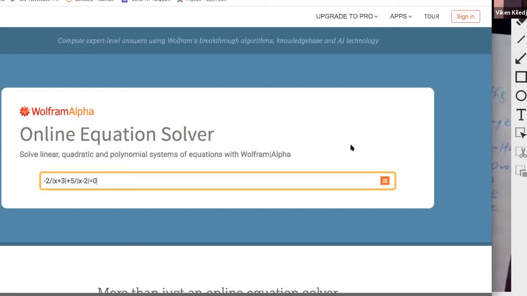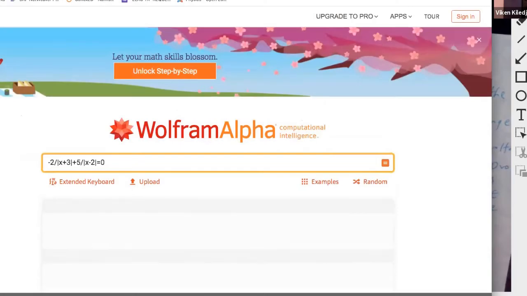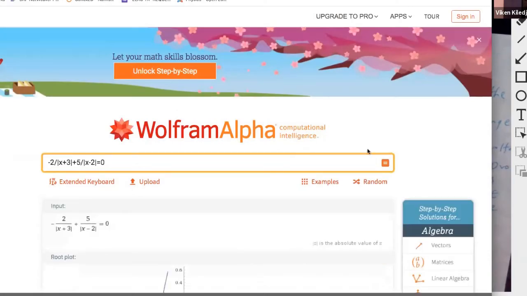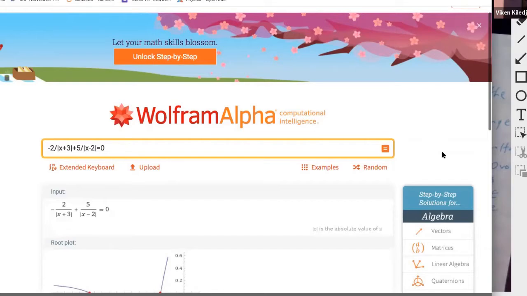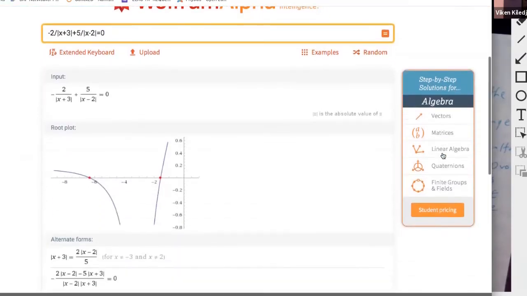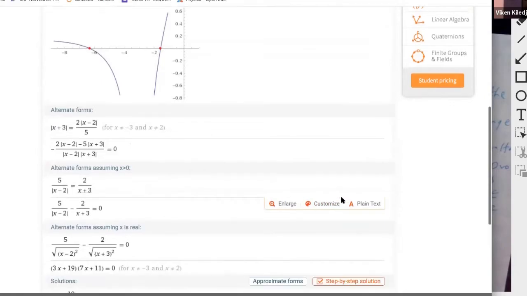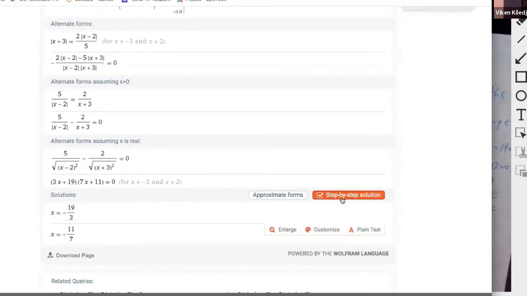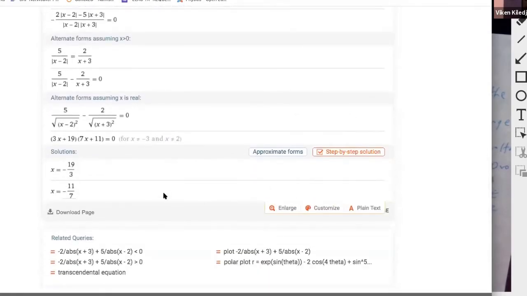Okay. Yeah, I see that makes sense because one of them is on this side of the charge, right? So that is what here? Negative 19 thirds, negative 11 sevenths.